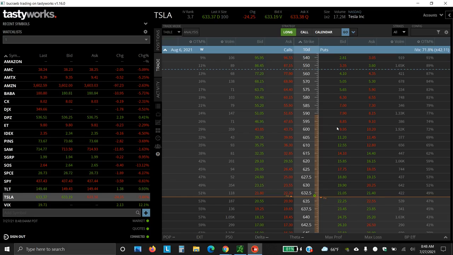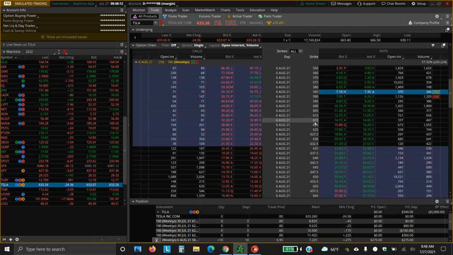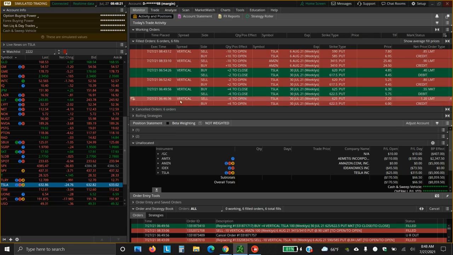And then on my other trades, if you own shares, I'll even buy shares. This virtual account has $100,000 on it. Tesla shares are cheaper, so what I'm going to do is buy some Tesla shares and sell calls against it.